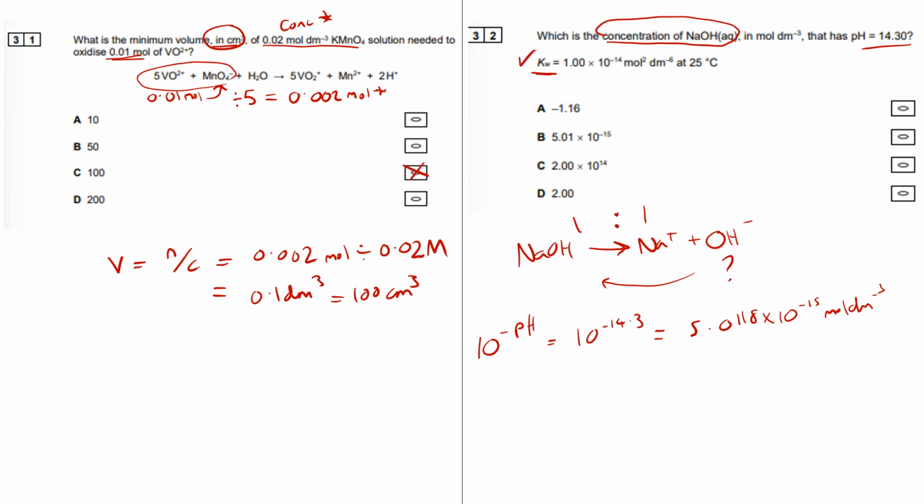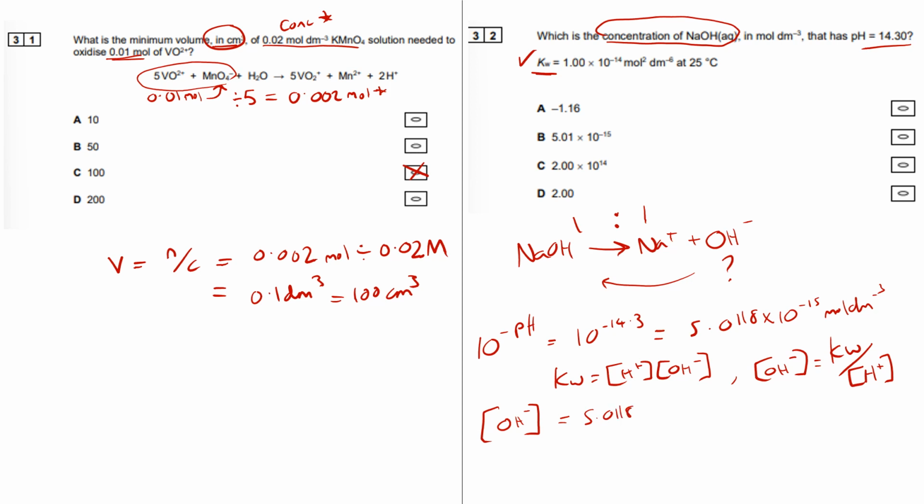What other information do we have that's going to allow us to calculate the concentration? Well, it's the Kw value. So to find the concentration of hydroxide, what's the expression for Kw? Rearrange to make OH- the subject. So Kw divided by hydrogen ion concentration.